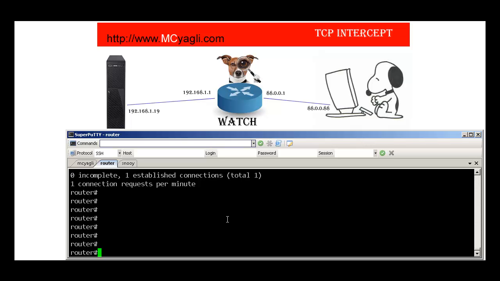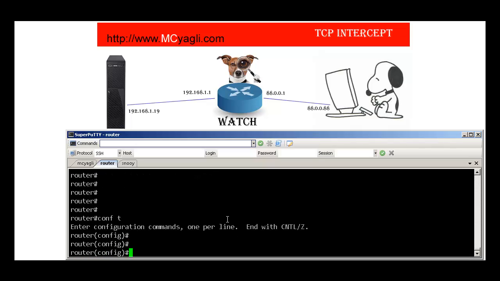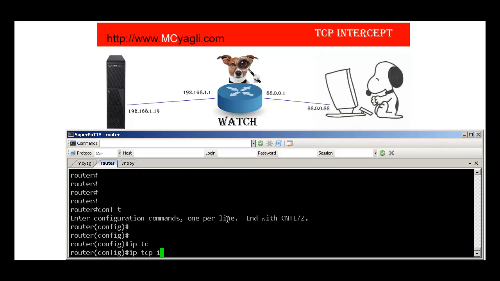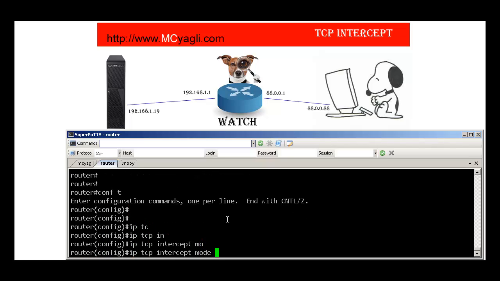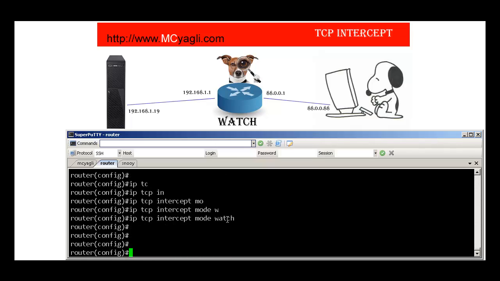First, I need to enable the intercept mode: conf t, ip tcp intercept mode watch. And then I will do the same thing as before. If you remember, I configured an ACL just to tell the router who it will be protecting, right? I'm going to do the same thing here.